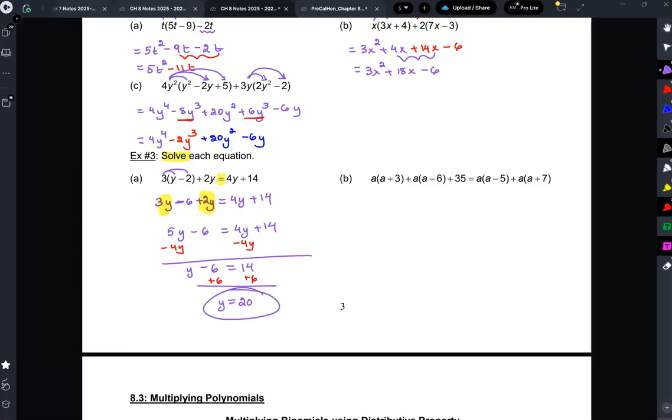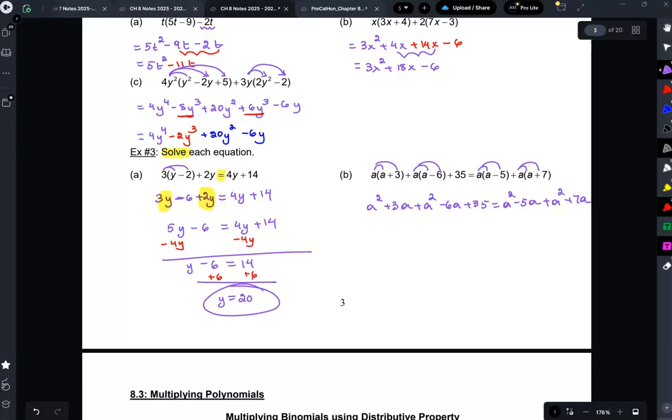Next one. Let's distribute the a here. a squared plus 3a. Let's distribute the a here. Plus a squared minus 6a plus 35. Equals. Let's distribute the a there. And then here, let's distribute the a. So plus a squared plus 7a. Okay, let's see if there are any like terms.